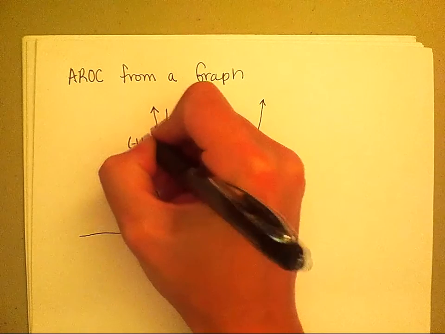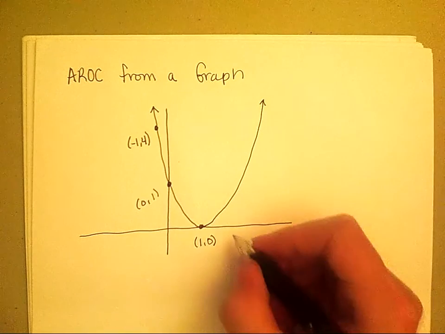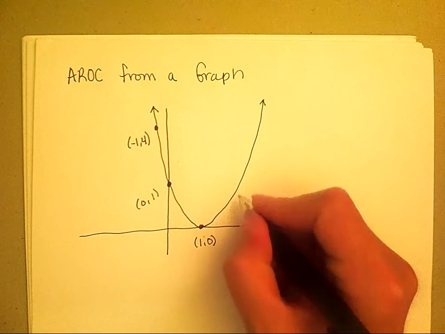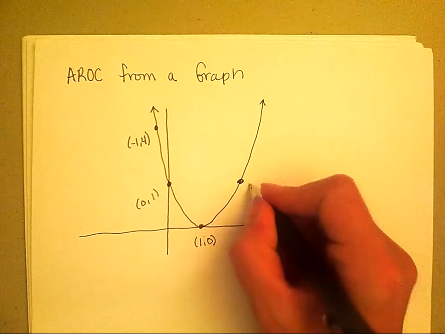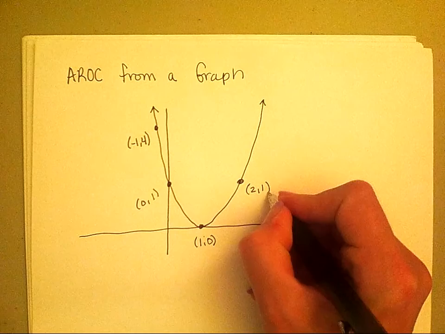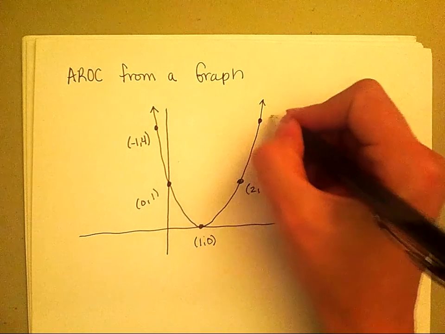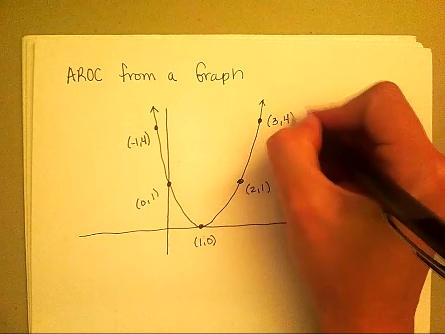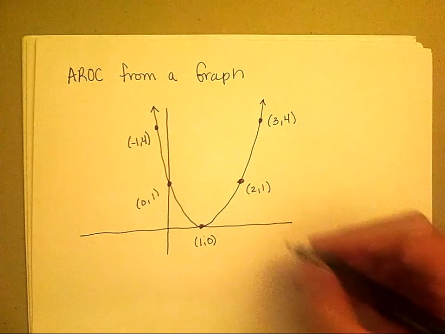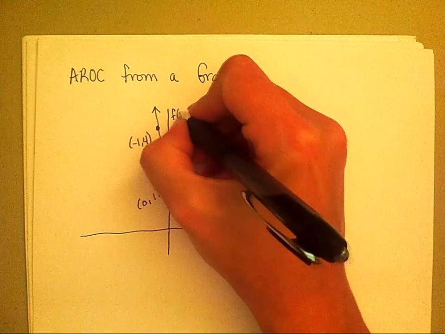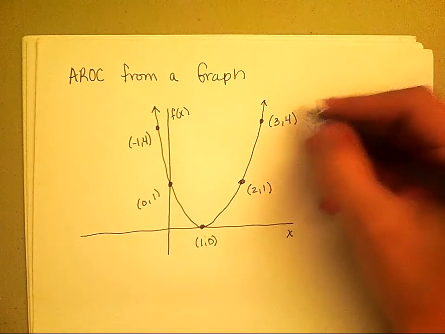You put some points on here. This is 0, 1. This is 1, 0. This is the point negative 1, 4. At 1 we have 0 and at 2 we also have 1. May as well put one more up here. At 3, the function value is 4.